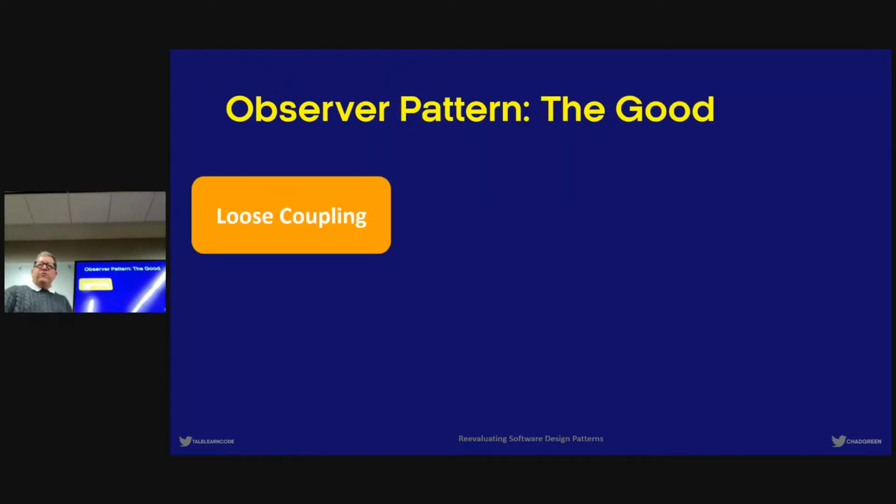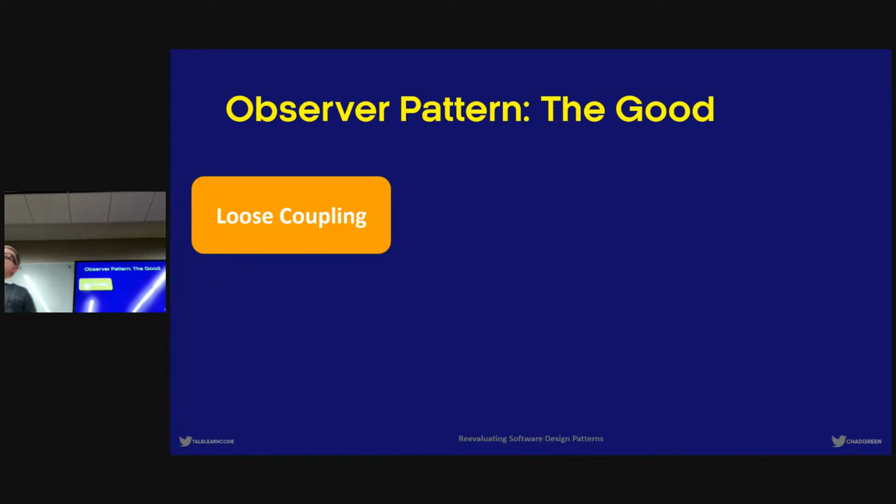So some good things about this. One, loose coupling, because now I'm not reaching out to the thing that's producing events, I'm letting it come to me. That's providing loose coupling. I don't necessarily know exactly where it is. All I know is I need to observe it.